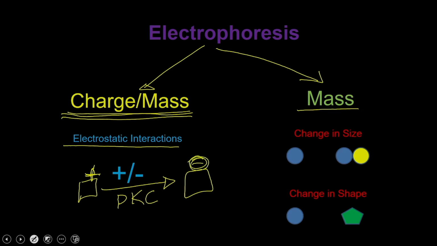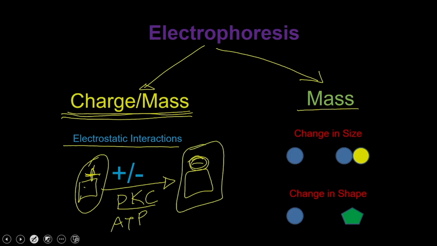So, if you want to monitor the activity of PKC, you can take the complete assay mixture, which contains the positively charged substrate and the PKC, and then add ATP, which is the phosphorylating agent, and as a result it generates the negatively charged substrate.